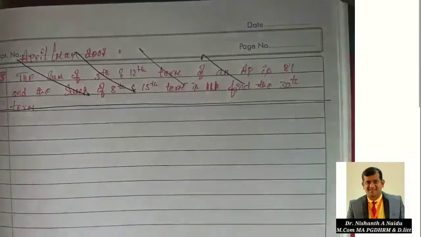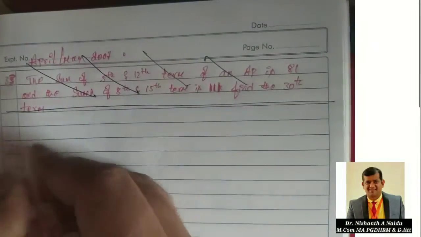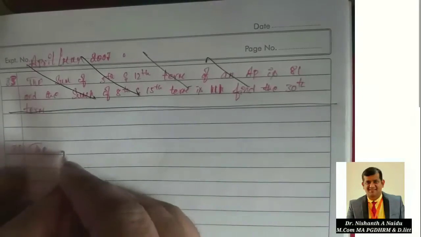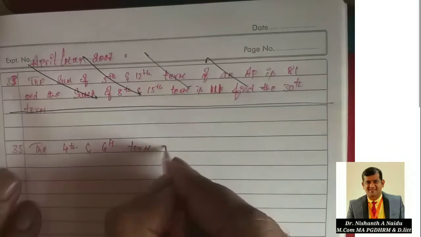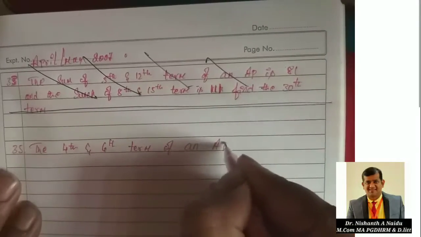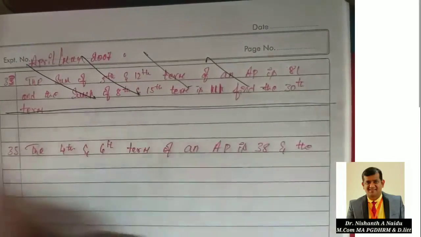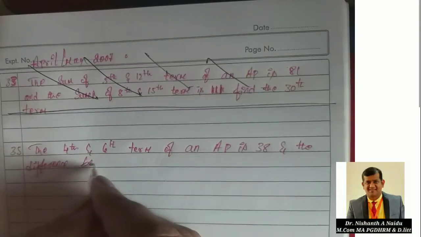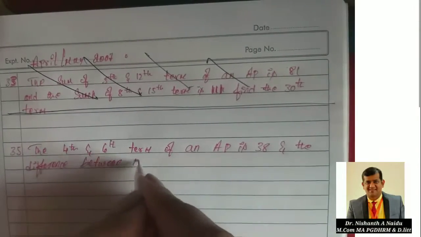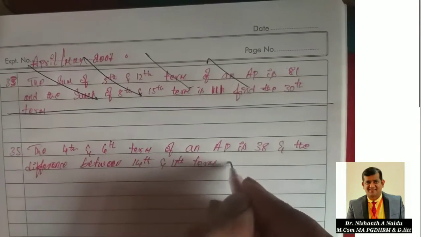So today, after the next problem, we are moving in the progression, that is problem number 35. The problem is: the sum of the fourth and sixth term of an AP is 38 and the difference between the 14th and 11th term is 9.